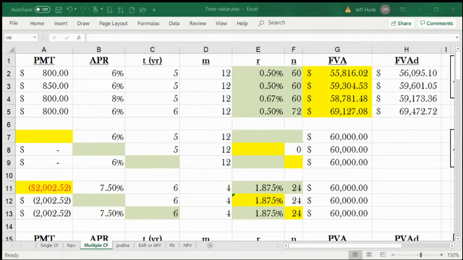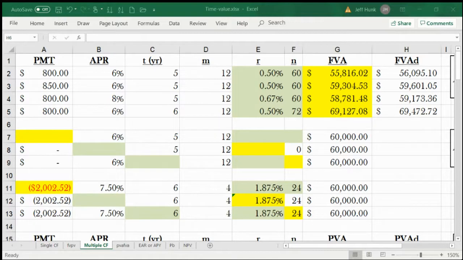You overshoot by about $9,127. So our next question was, is there any way you can exactly nail that monthly payment? Yes, of course. You can nail the exact monthly payment.